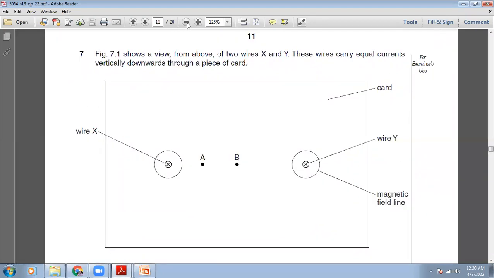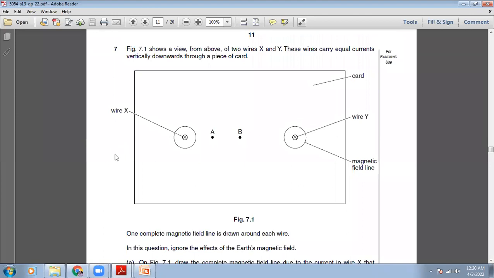Okay, so we are going to the next question, and the next question coming up on your screen is question number 7. Figure 7.1 shows a view from above. The two wires X and Y carry equal current vertically downward through a piece of card.